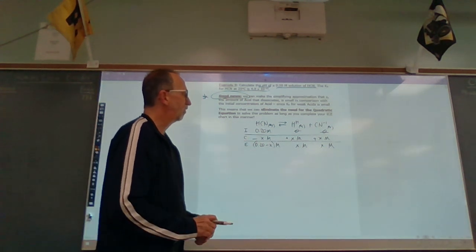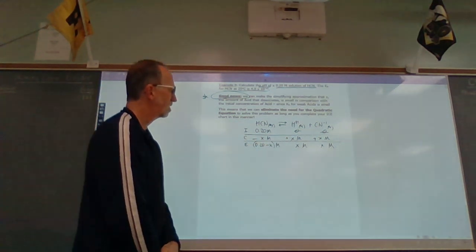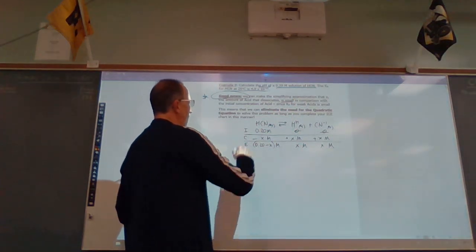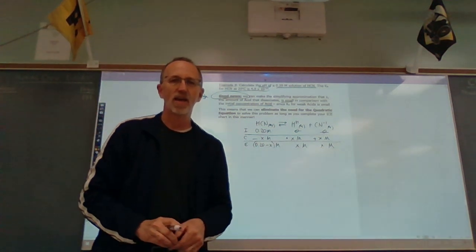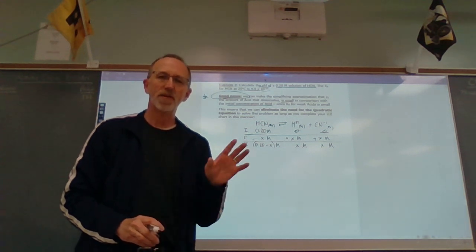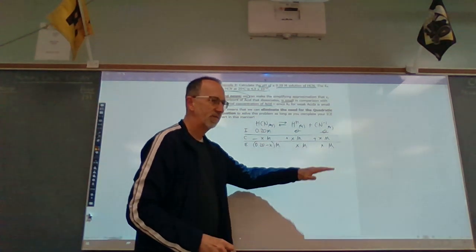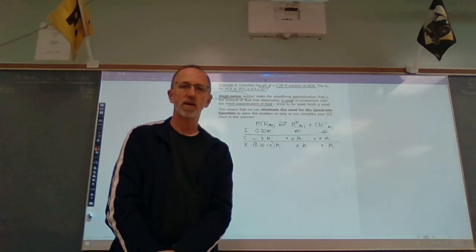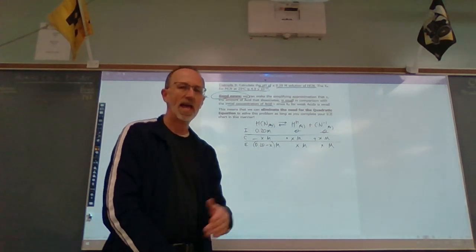We can make the simplifying approximation that X, the amount of acid that dissociates, is small in comparison with the initial concentration of the acid, since Ka for weak acids is small. If the value of K is small, then at equilibrium, the concentrations of the ions are going to also be very, very small in relation to the concentration of the original acid.